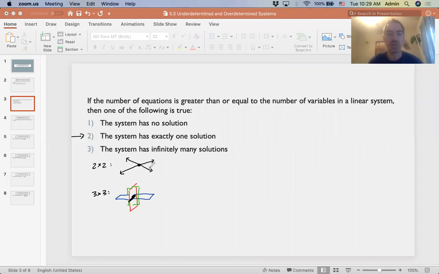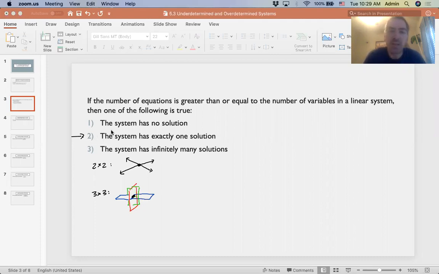And so in this 2 by 2, we have exactly 1 point of intersection. So there's a unique solution, exactly 1 solution. In this 3 by 3, we have exactly one solution because there's 1 intersection. And so that's the second part.